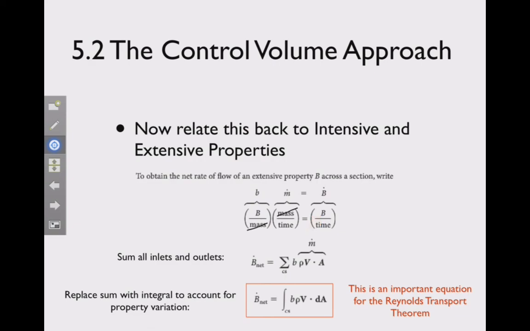So we can sum all the inlets and outlets, and we can basically have the net change of our property in time just be B times the mass flow rate, m dot. And in general, we can replace this summation with an integral over our control surface. This might be a cross-sectional area or something like that. So in general, we write it like this.